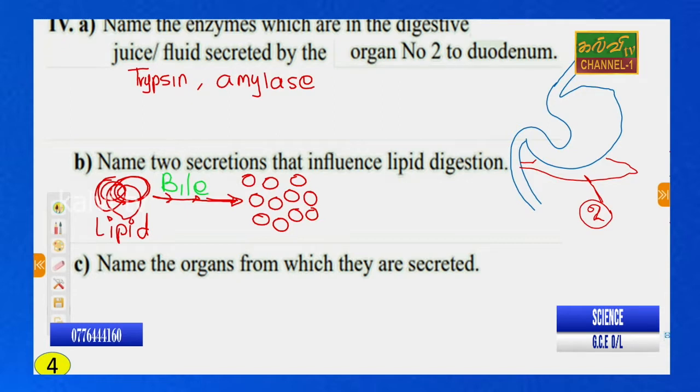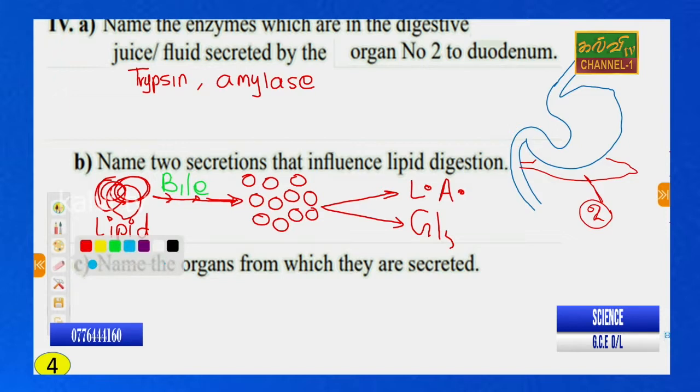After that, this is going to convert into 2 small chemical substances, right? That is fatty acid and glycerol. Okay, these are small chemical substances. For that, there's a special enzyme called lipase.